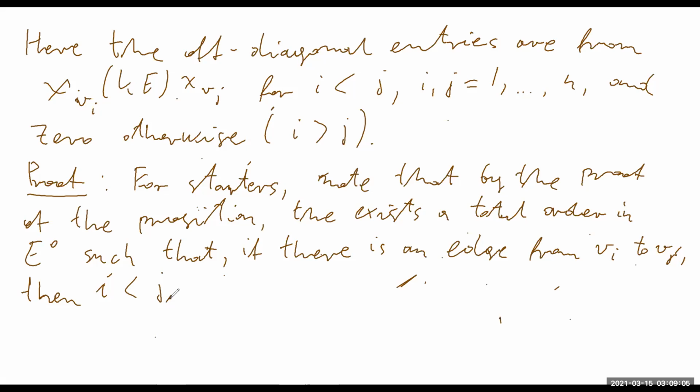Okay, there cannot be an edge from vi to vi because we assume that the graph is a stick.